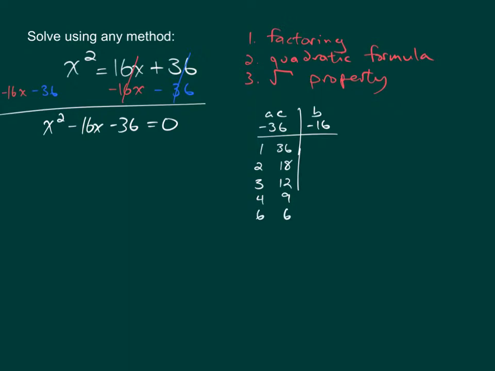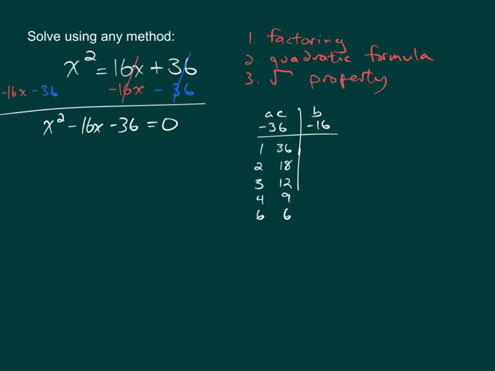Now you may notice I didn't put any negatives in here yet, because I want to have a good idea as to which number, the larger number or the smaller number, gets the negative. So whatever it is, these pairs need to add up to something negative.